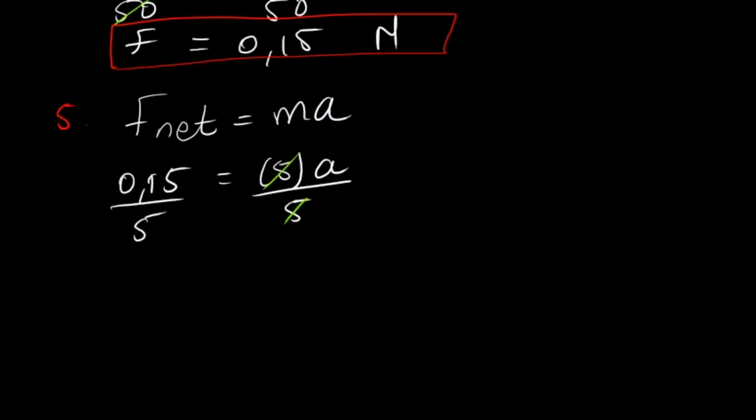This will result in 1 multiplied by A, it's simply A. It's equal to 0.5 divided by 5. The answer should give you 0.1. No, there's a problem. It's 0.15 divided by 5. Okay, the answer is 0.03 meters per second squared.